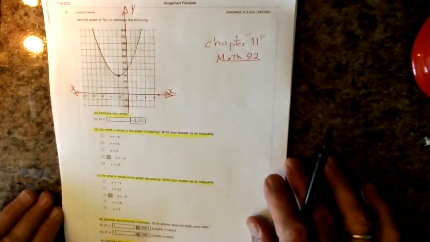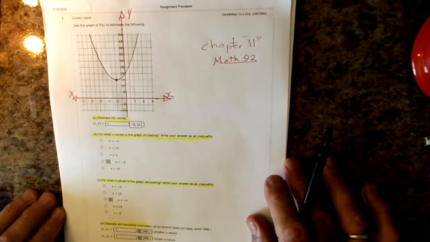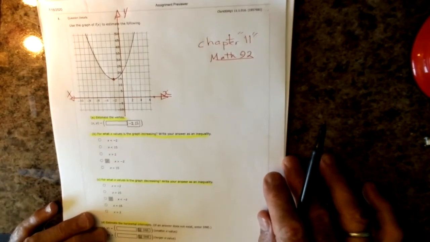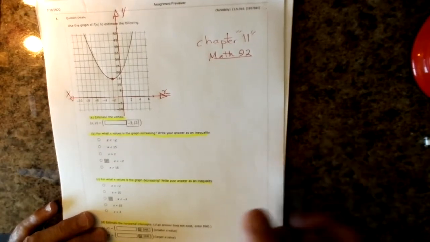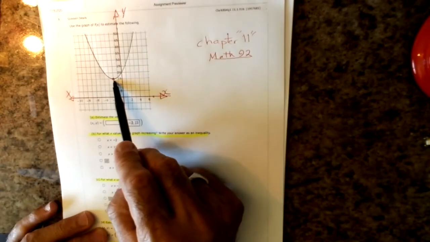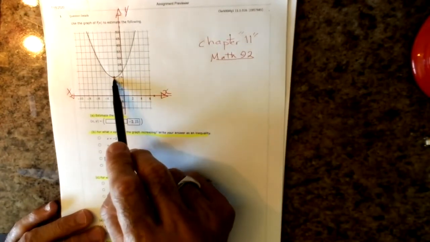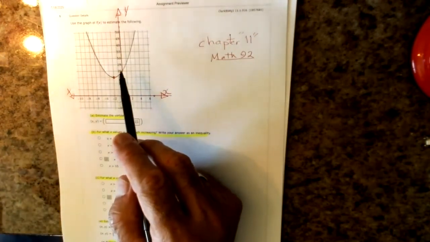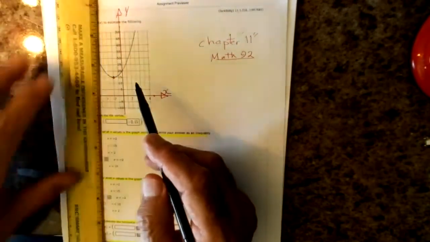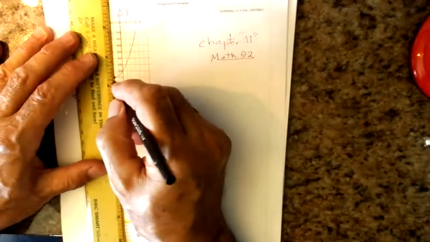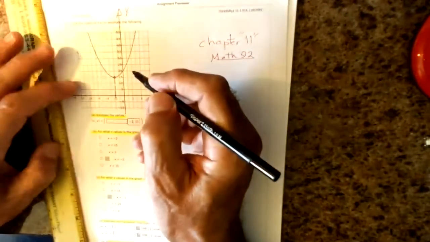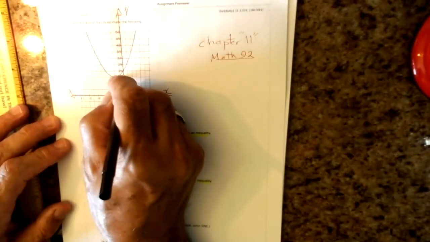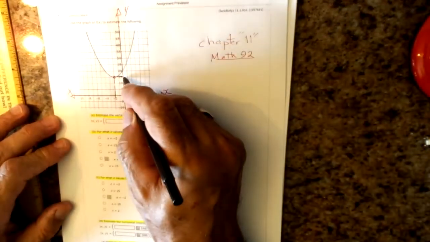Okay, so on this one, the graph is given already. They're asking us to find the coordinates of the vertex. Where is the lowest point here? Right there. What is the x and y value of this point? To find the x and y value, x is -2, and what is the y value? 15.